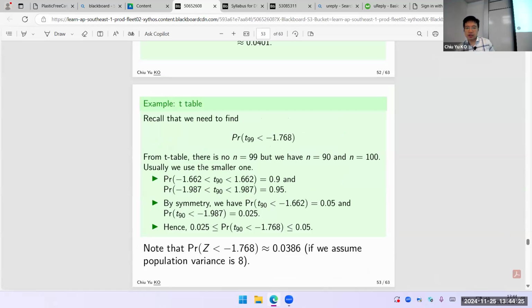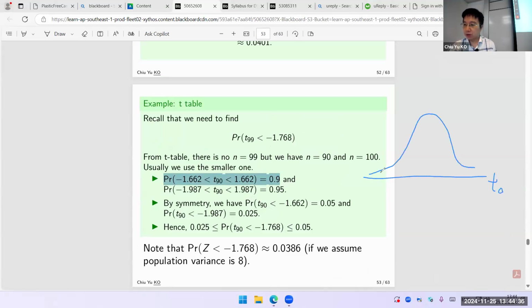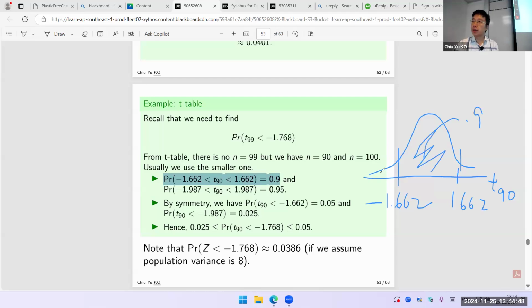Oh, here I said, look at the table. This gives you this one, so it's very simple. For this T at 90%, you check the table: 1.662 and 1.662. Within this region is 90%, and by symmetry, it is symmetric about zero, so the left and right areas are the same.